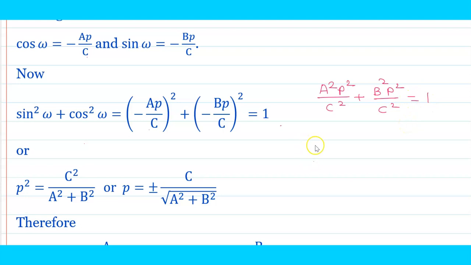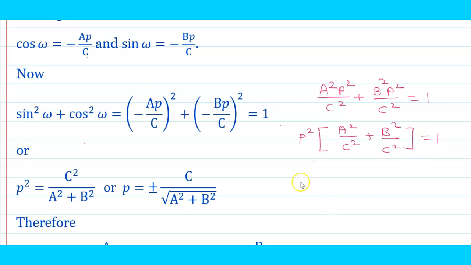Again, one more thing is that take the p square as a common. Then in bracket you will get a square upon c square plus b square upon c square, and that's equal to 1.